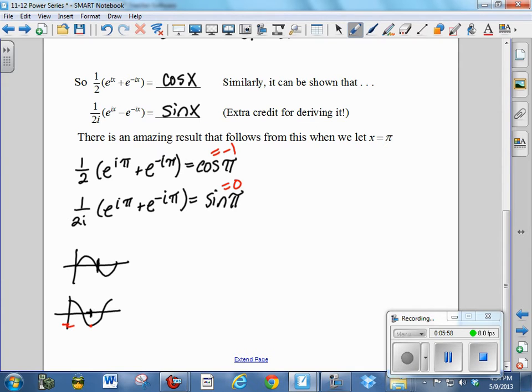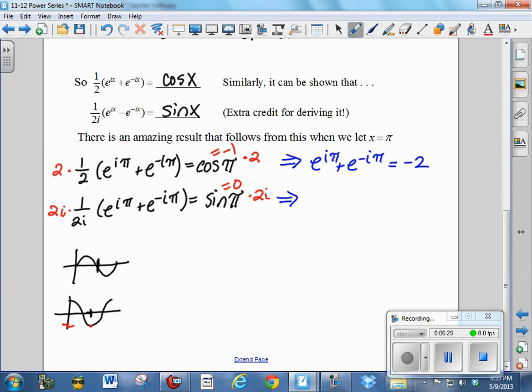Now that I have that, I'm going to multiply both sides of my equation by the denominator of the fraction over here so that I can clear fractions. So let's see what this gives me. On the left-hand side, I'll just have e to the i pi plus e to the negative i pi is equal to -1 times 2, which is -2.